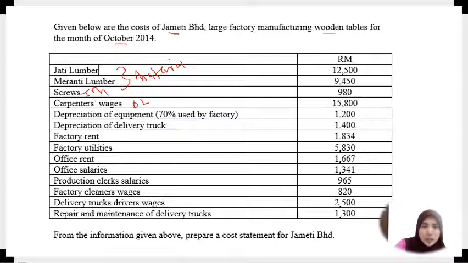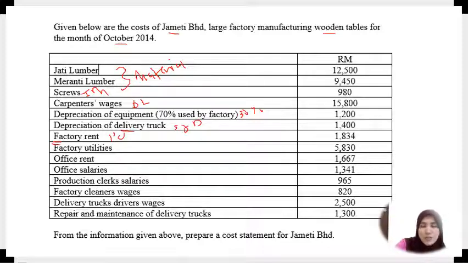Depreciation of equipment, 70% used by the factory, and the rest 30% you can classify as administrative overhead, and 70% as factory overhead. Depreciation of delivery truck: for sure this is an overhead under selling and distribution. Factory rent is a production overhead. Factory utility is production overhead.